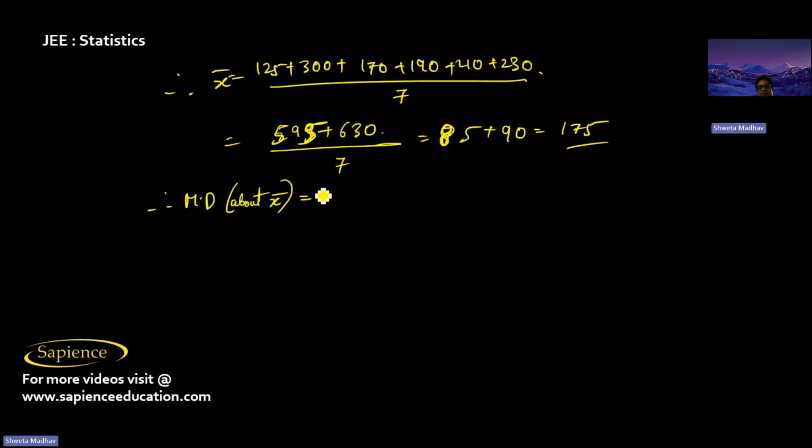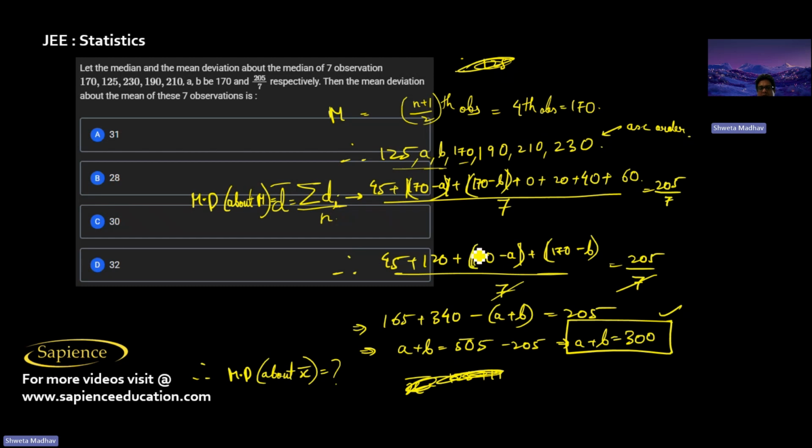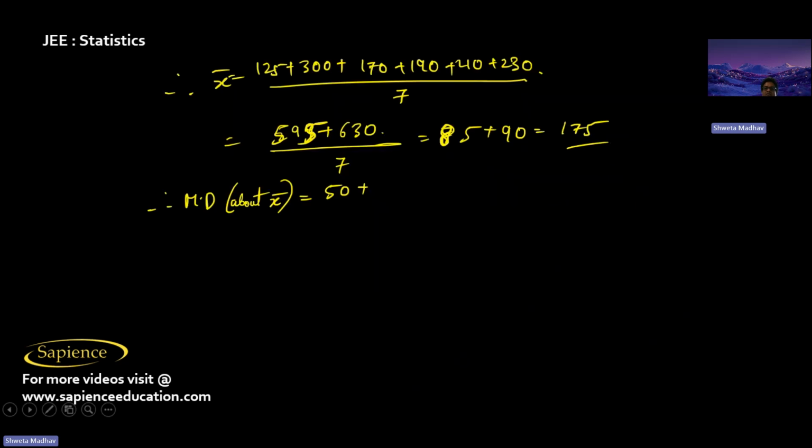you have to find out. So this will be 170 minus 175 minus 125, that is obviously 50. Now A and B both are less than 170. So this would be 175 minus A, since A is less than 170 and B is also less than 170.